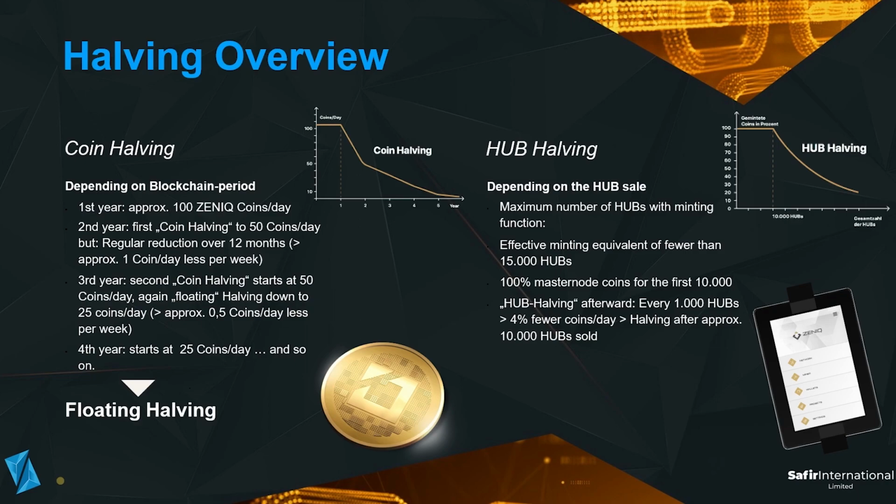So there you have a floating halving in steps of 1,000 pieces, and it's called our selling halving. So you have two different halvings. One halving is going on every day through the year, decreasing slightly your minted coins. And you have an additional halving concerning the hub devices that are sold.